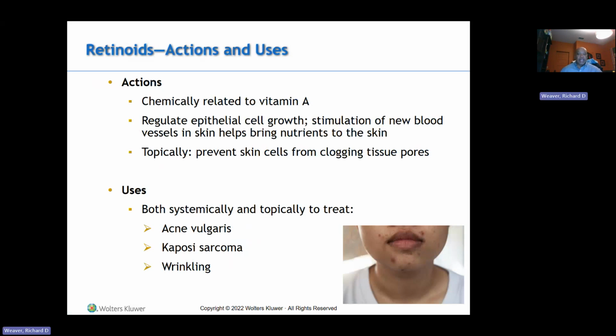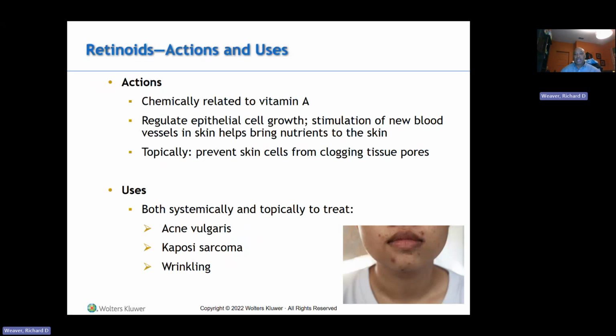Now, retinoids, as far as the mechanism of action is concerned, are chemically related to vitamin A, and they regulate epithelial cell growth, so it helps the skin cells to grow. Essentially, stimulation of new blood vessels in the skin helps to bring nutrients to the skin.